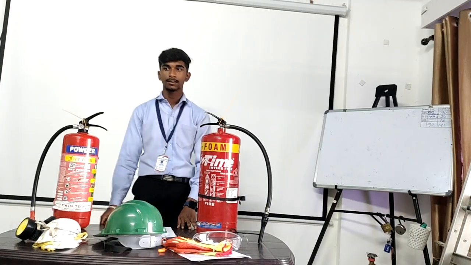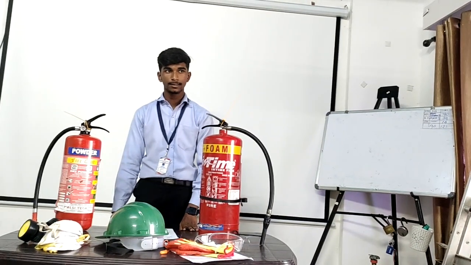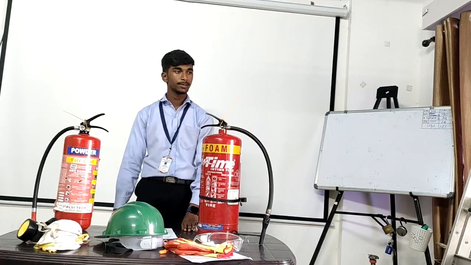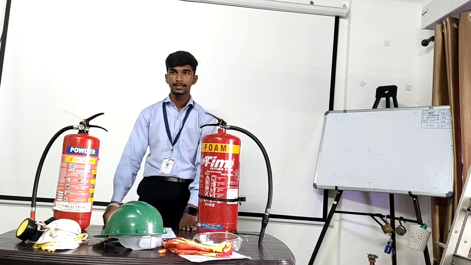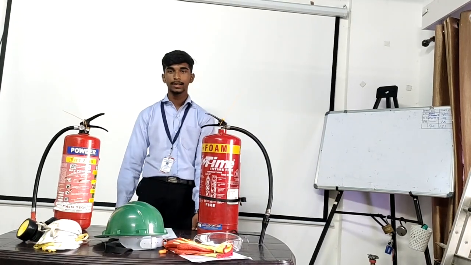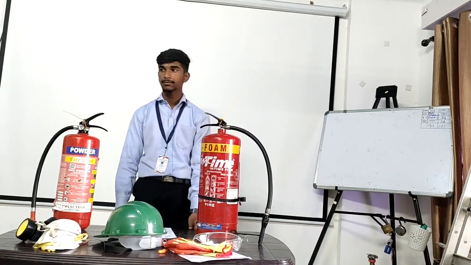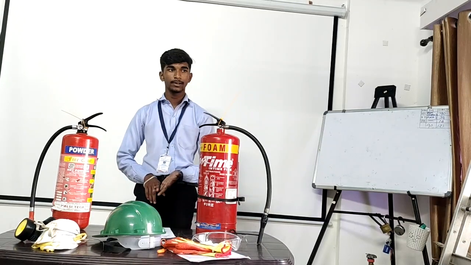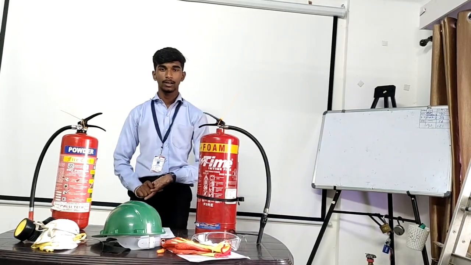Class C fire is electrical fire. Class D fire is any metal fire such as aluminium and titanium. Class K fire is known as kitchen fire, like animal fat and cooking oil.